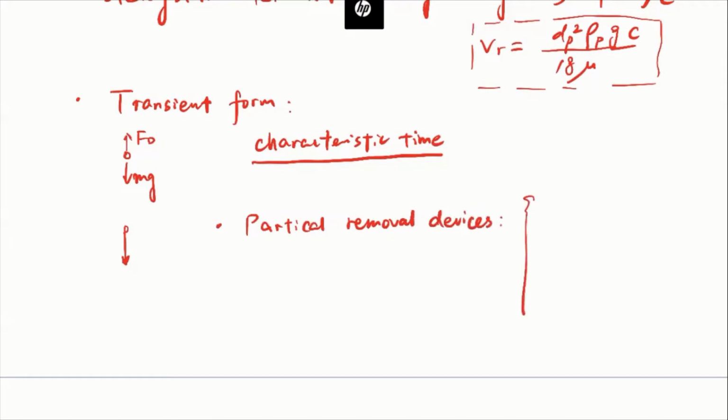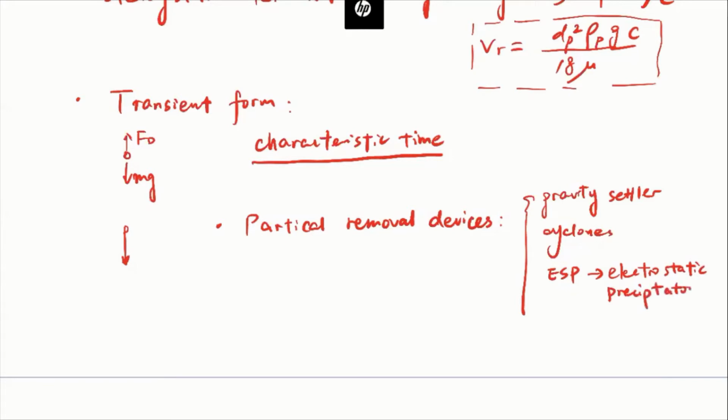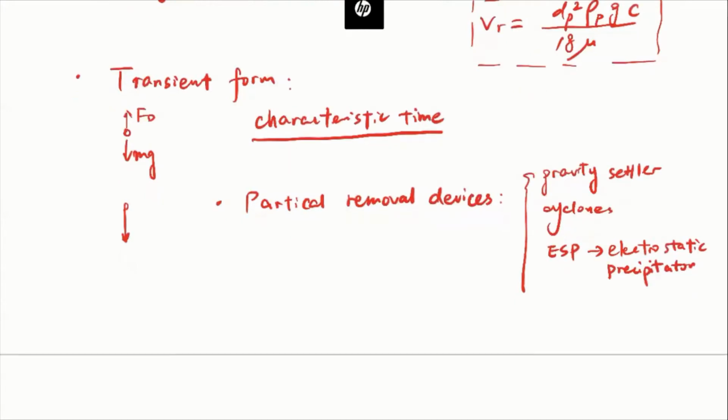We mentioned that there is a settling chamber or gravity settler, cyclones, ESP, basically the electrostatic precipitator, baghouse filters, and so on.